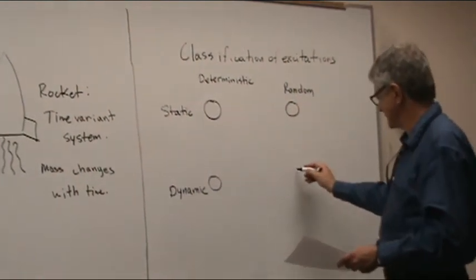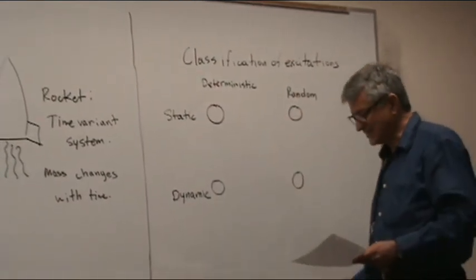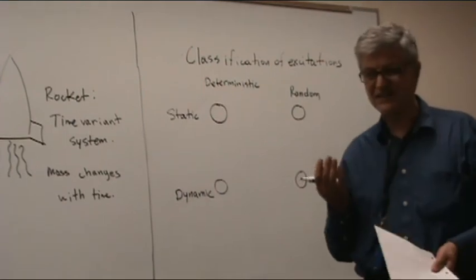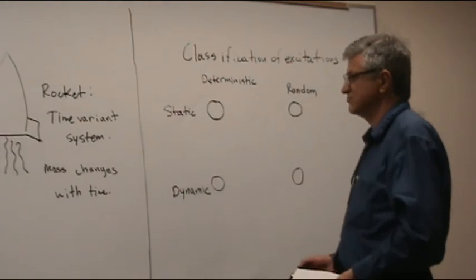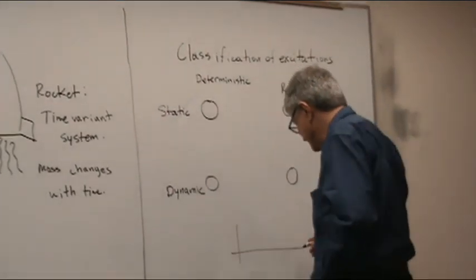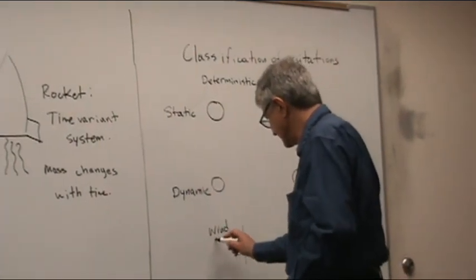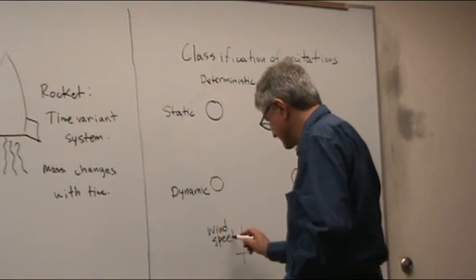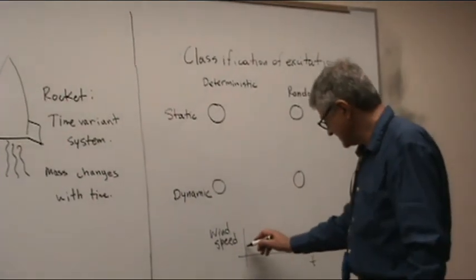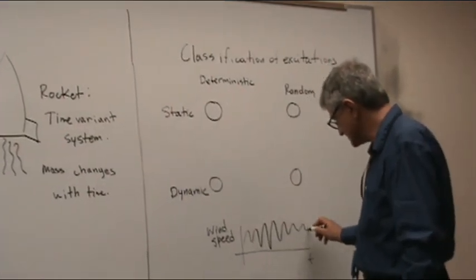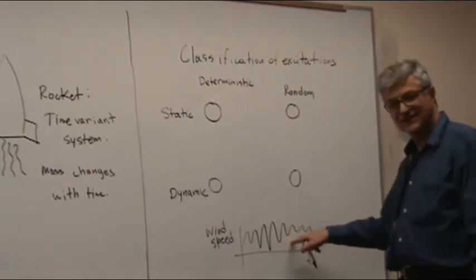A random excitation is something that you can never predict, okay? An example is the wind speed, okay? This is t, this is wind speed. This is important in terms of the force that it exerts on a building, and this is something random. The speed changes with time, okay? And you cannot predict it.